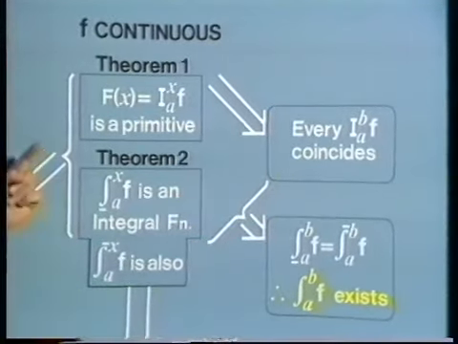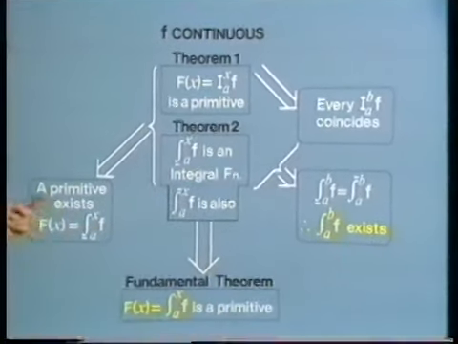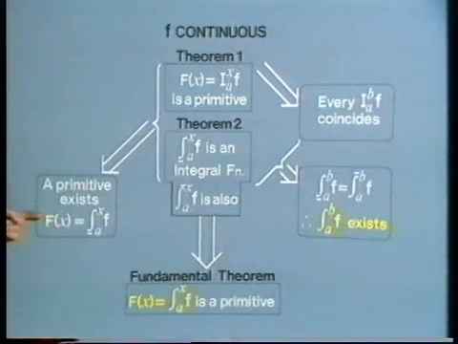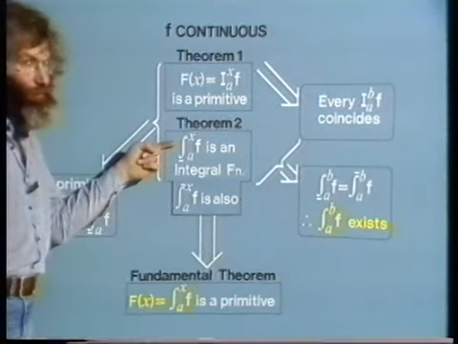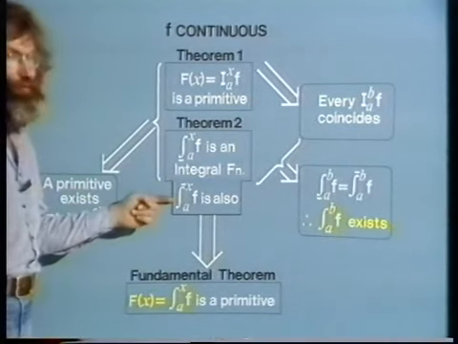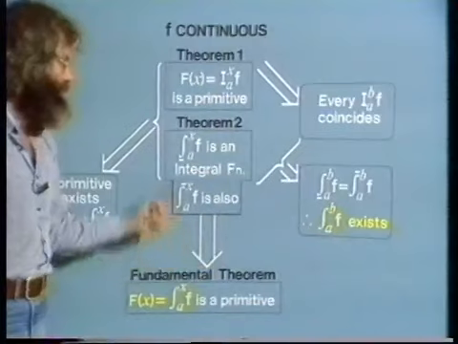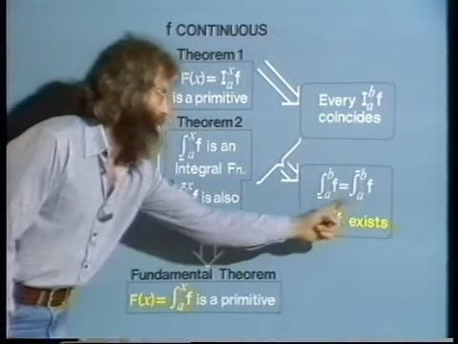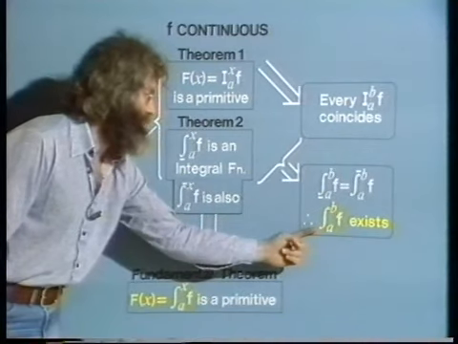Next, we proved that the lower integral was an integral function. And at that point, we'd proved that a primitive exists. But the argument that proved that the lower integral is an integral function proves that the upper integral is also an integral function. Any two integral functions coincide, therefore, the lower and upper integrals coincide. In other words, the Riemann integral exists.